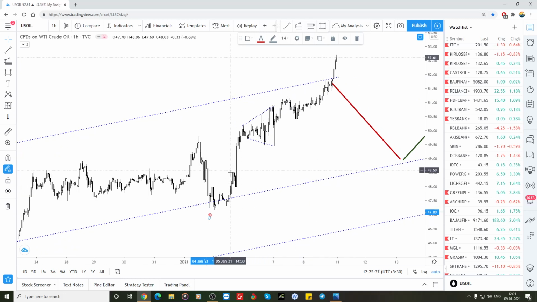So 1, 2, 3, A, B, C, D, E. What is this? An expanding triangle. So 1, 2, 3, 4, 5 is completed here. For this one, this is the 2, this is the third.